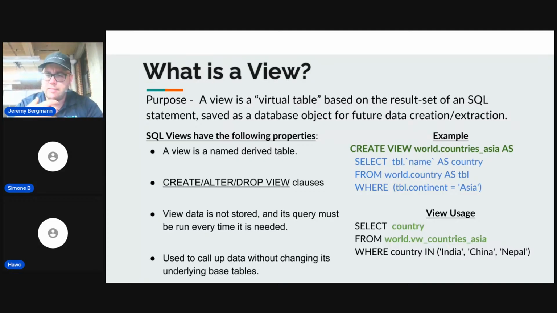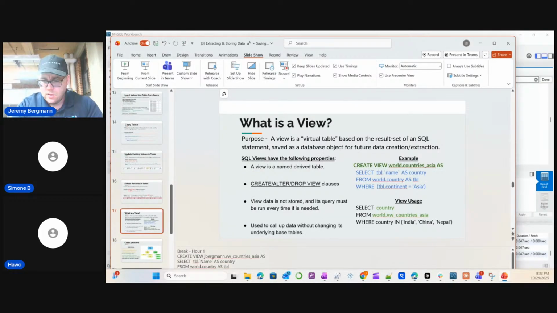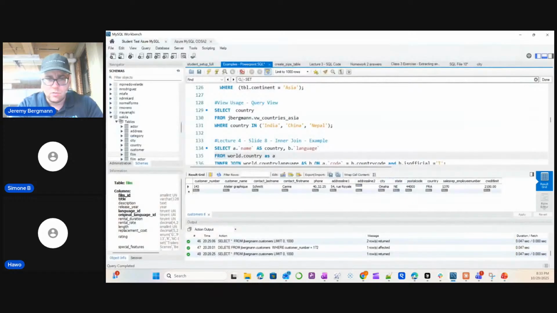So it'll take time to process, but it can also be useful instead of storing 100 tables for every little report that you want to create. You can just create these views and run them on demand whenever you want. So let's go ahead and run this to see what it looks like, how you would use it, and how it's created inside of your database schema.